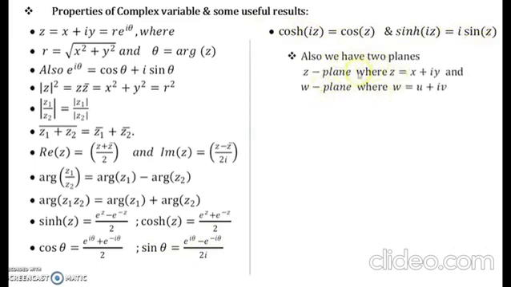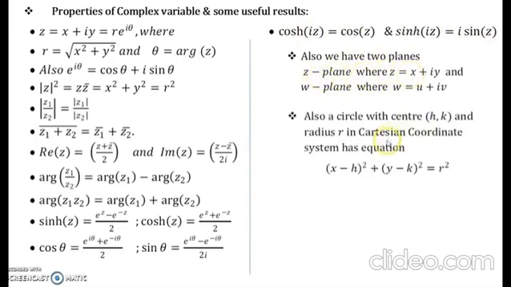Also we have two planes, the z plane where z is equal to x plus iy, and the w plane where w is equal to u plus iv. Also a circle with center h comma k and radius r in the Cartesian coordinate system has equation x minus h the whole square plus y minus k the whole square is equal to r square.